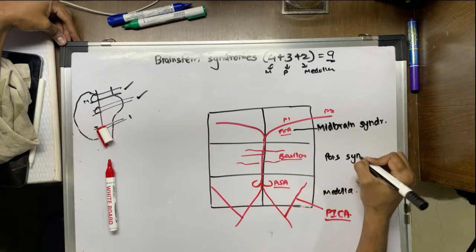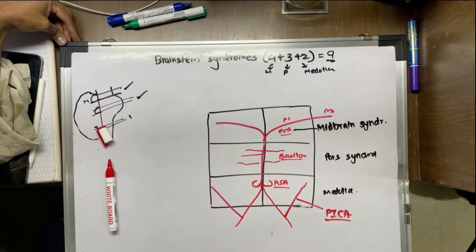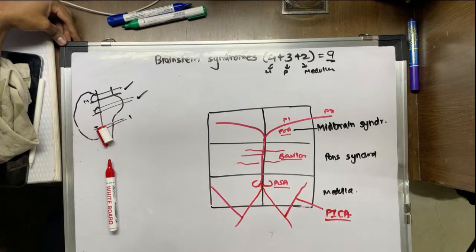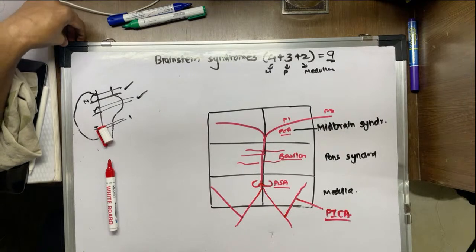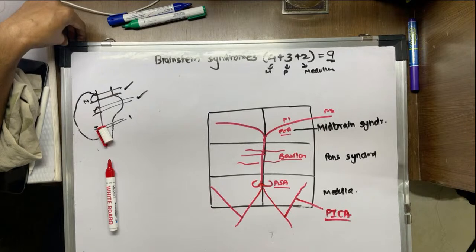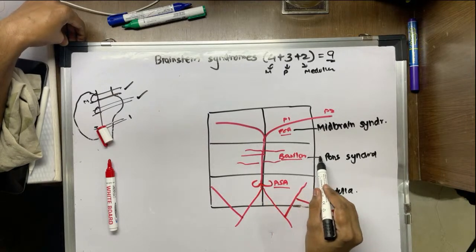What are the midbrain syndromes? Come on, let's revise: Nothnagel, Claude's, Weber's, Benedikt's. Now these are the pons syndromes. Pons syndromes were 3. What were those? Millard-Gubler, Foville's, and Raymond-Cestan. So these are because of the basilar artery.